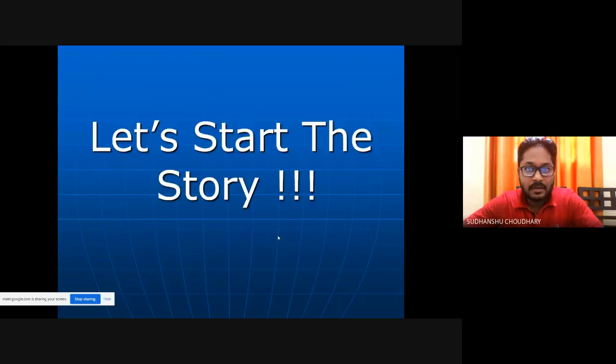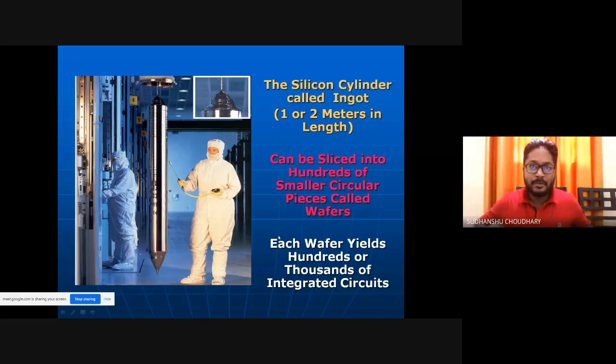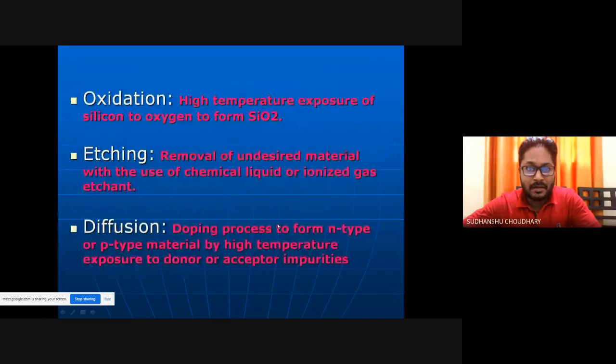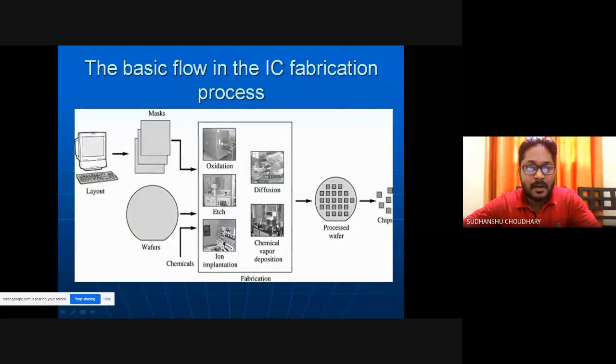Okay, great. So in the previous lecture, we had covered some of the manufacturing processes followed in this IC design process, and we understood the basic flow of the IC fabrication process. We also understood some basic operations in IC fabrication, like oxidation, diffusion, etching, ion implantation, then chemical vapor deposition.